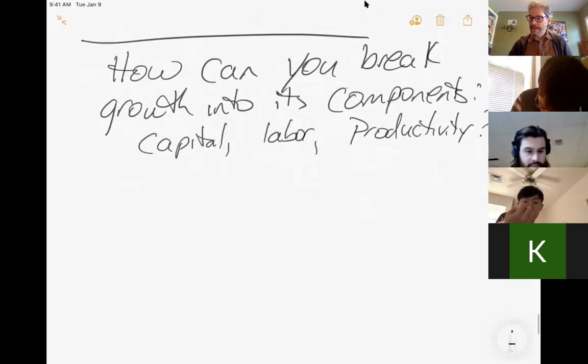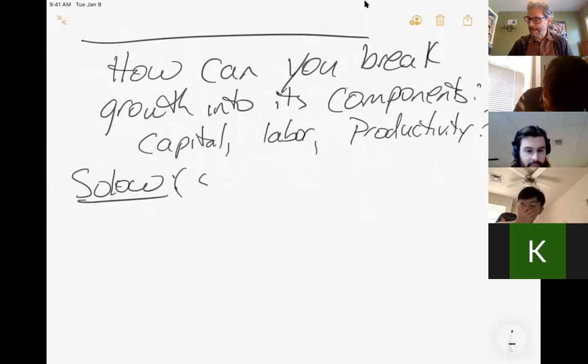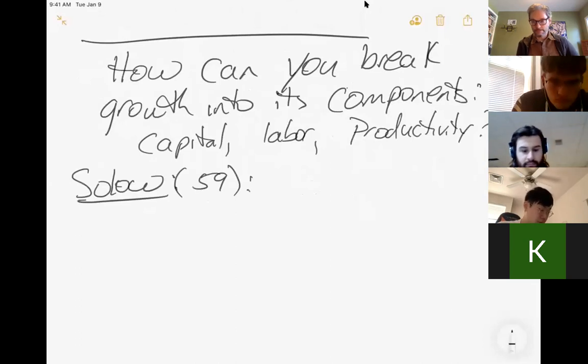So this is how Solow did it. And this is actually a paper, I believe, in 1959. So basically, after he did his Solow model, he had a paper where he said, looking at the data, we can actually think about this question of how important capital is, labor is, and productivity is. So what Solow said is, let's use this production function.